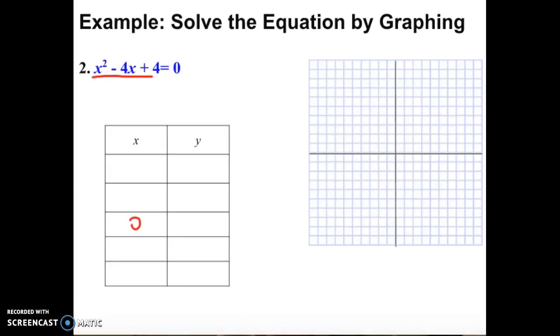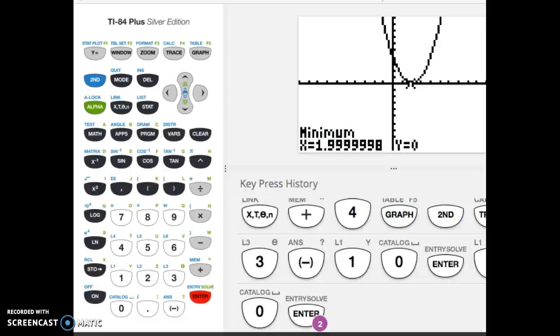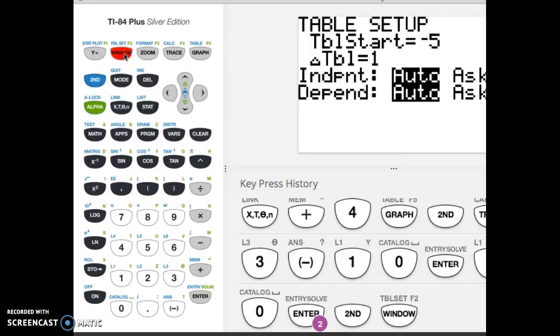So 2, 0. And then two x values smaller than that are 1, 0, and two bigger are 3, 4. So I'm going to go back to my calculator and go to the table settings, and I want to start with an x value of 0. I'll hit second and window, which takes me to my table settings, and start with an x value of 0.